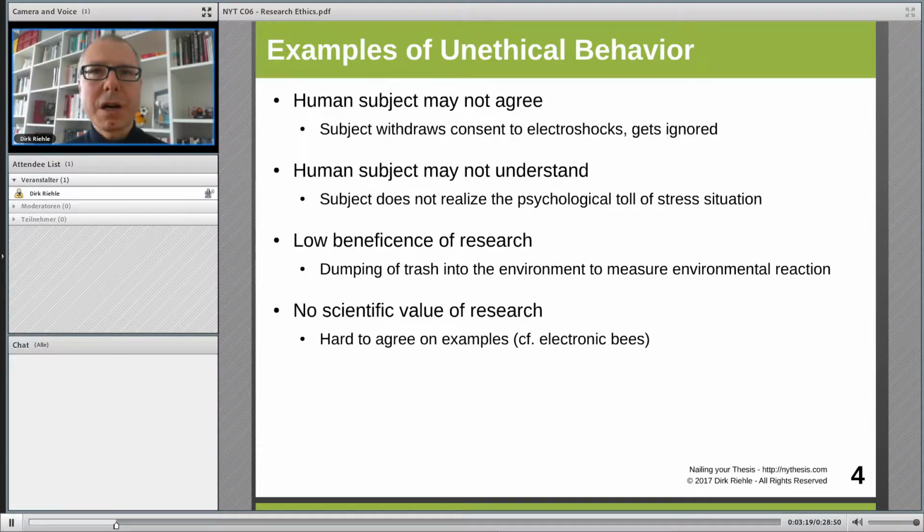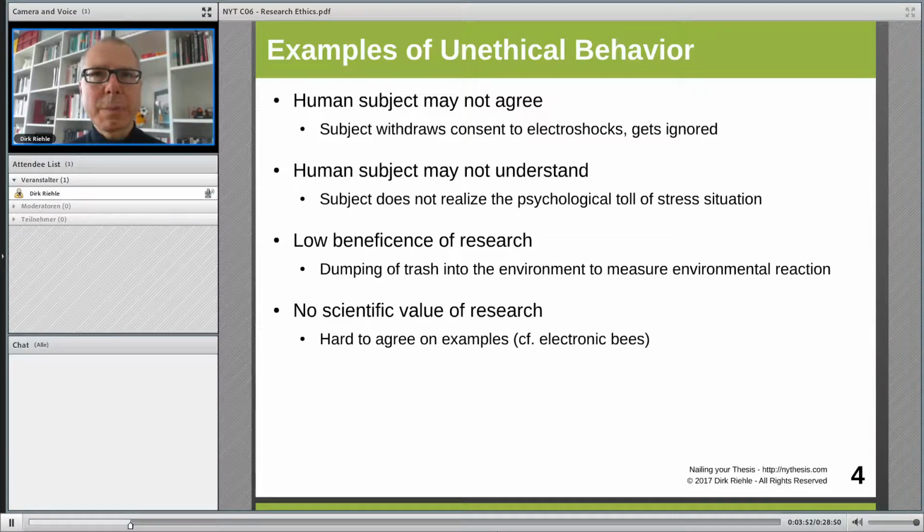What if a human subject agreed to electroshocks as part of an experiment, but then decided to withdraw, but gets ignored because the experimenter thought, oh, maybe that withdrawal would hurt my experiment, and so ignores the subject? That would be highly unethical. Or a research setup is such that the human subject doesn't understand what they are agreeing to, even though they might be providing consent.